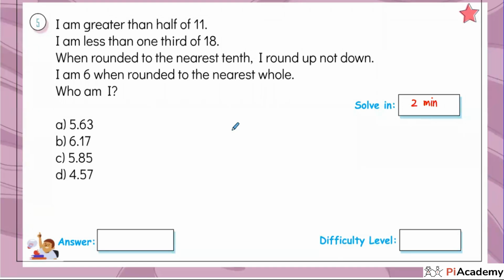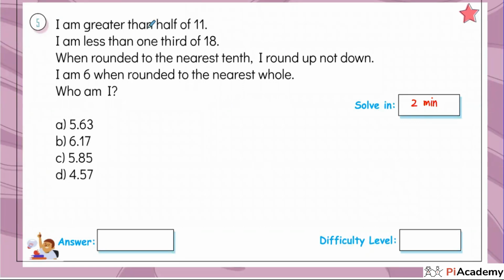If they haven't given both answers, then tell them that there are two right answers. What is this one? Okay, time's up. Let's do it together.